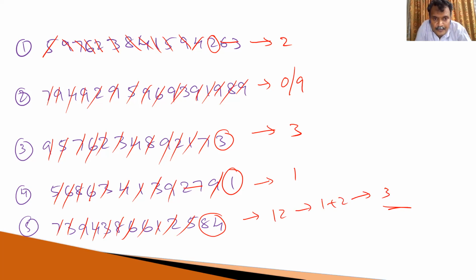Is it clear, all of you? Yes, sir. Here, observation is very, very important. If you skip any digit, the answer will change. Shall I continue? Yes, sir.